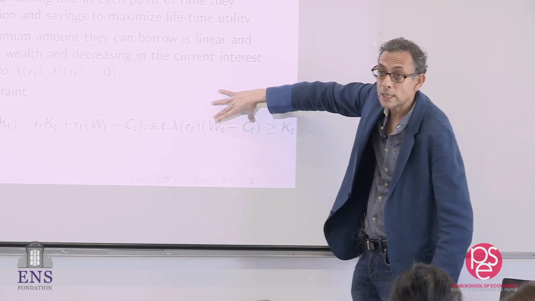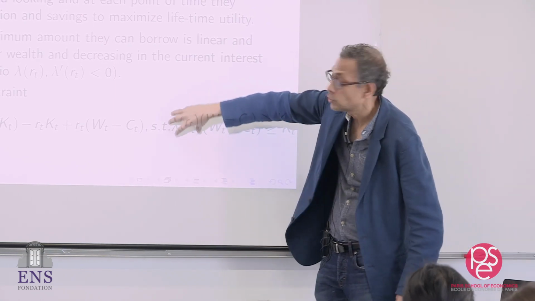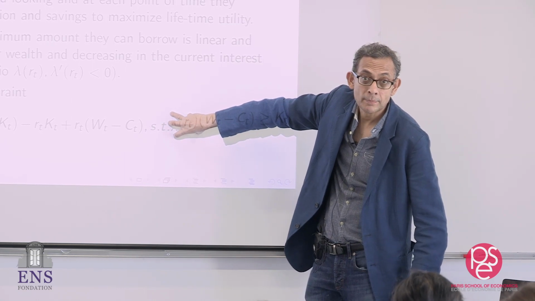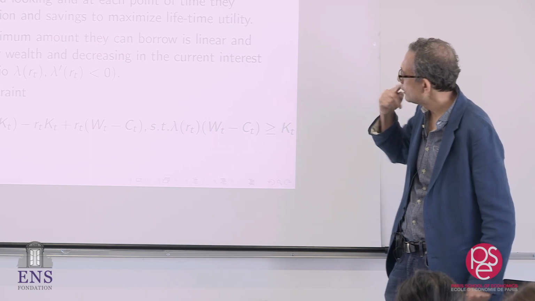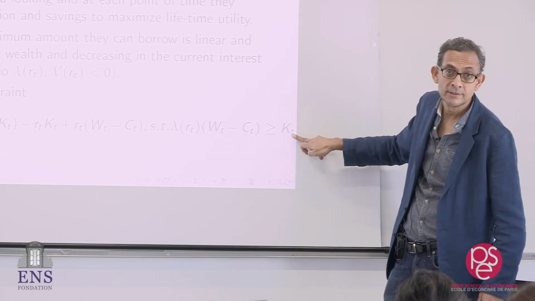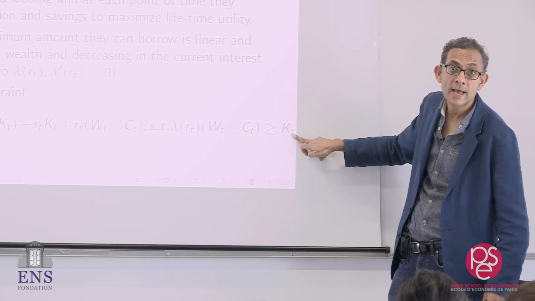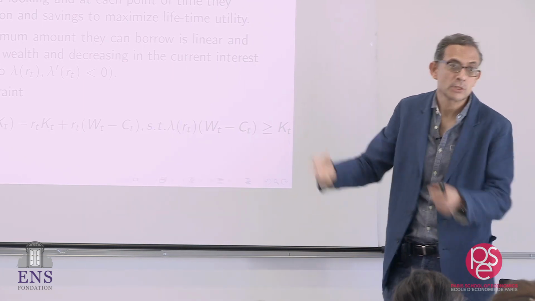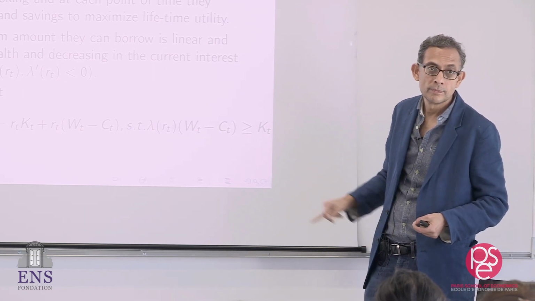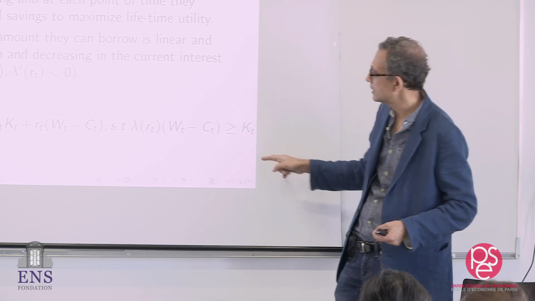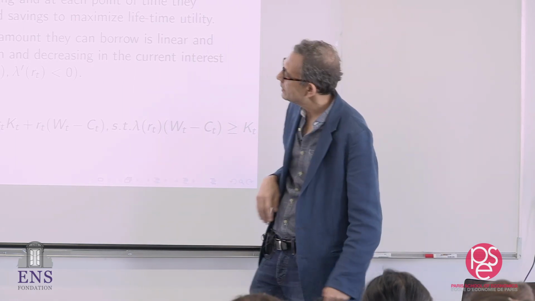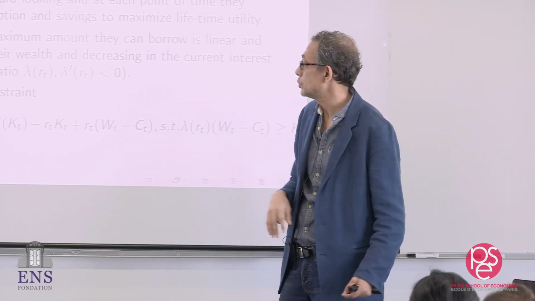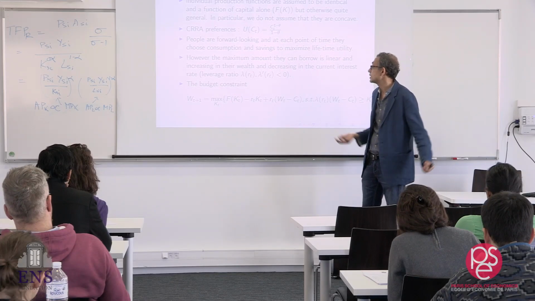This is how much wealth you have. This is how much you add by borrowing, lambda minus 1. So this is the total amount you have, and your K must be less than that. You can't invest more than you have plus you borrow. Okay, and then what are you trying to achieve?